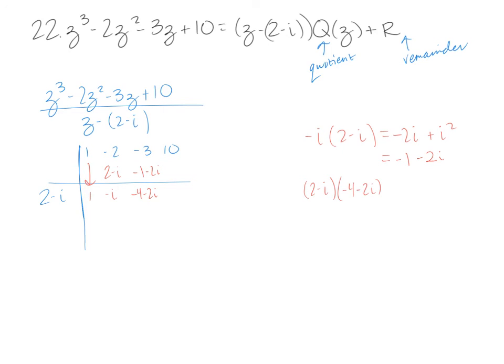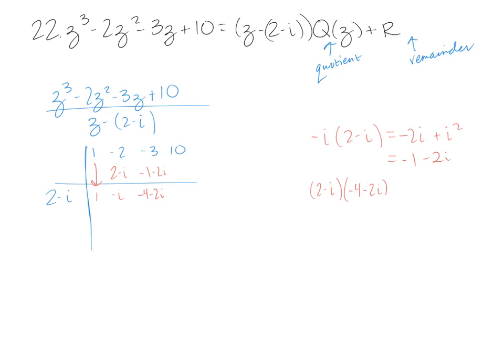You've got to FOIL on this. So when we FOIL on this, we get -8 plus 4i minus 4i plus 2i squared, or -8, the 4i's cancel, minus 2, or -10.